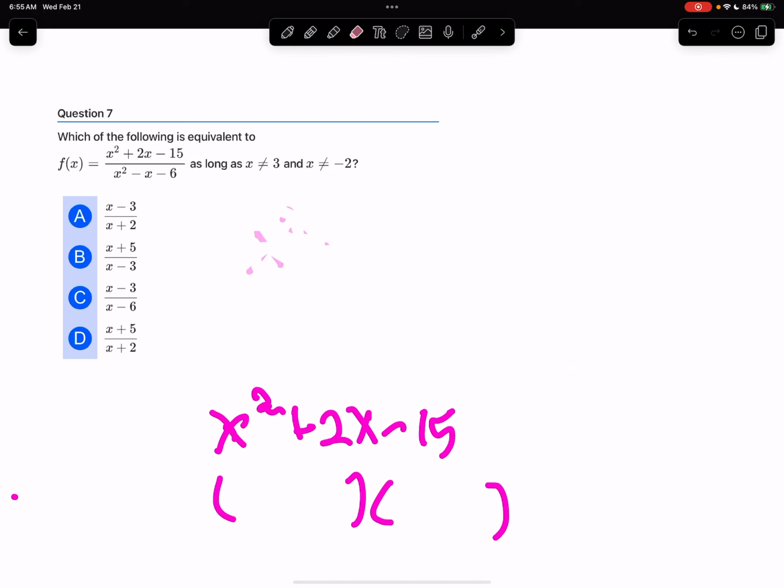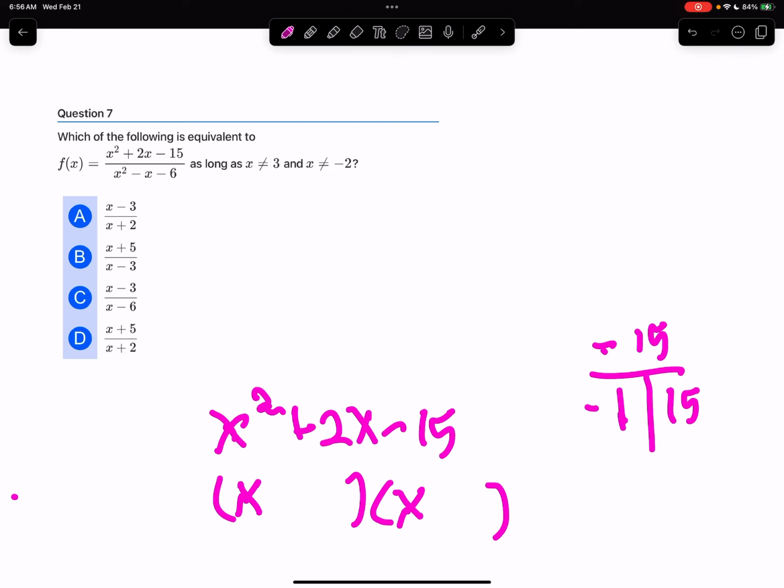Okay, so let's go ahead and look at this one. Obviously I need x and x because it gives me x squared when I multiply them out. Now I'm looking for the two numbers that multiply together to give me negative 15. Negative 1 and 15 give me negative 15. 1 and negative 15 give me negative 15.